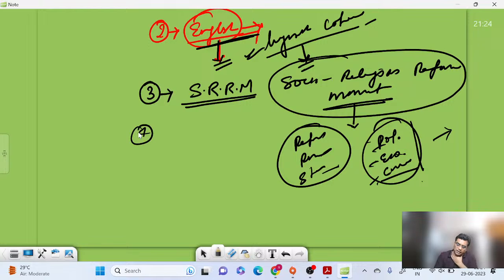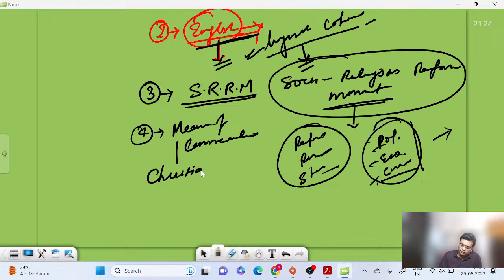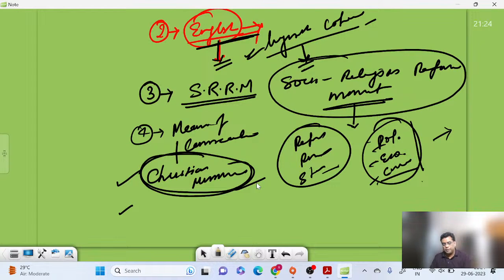Then the fourth factor is the means of communication established by the Britishers. Christian missionaries had played a very important role in the rise of nationalism.